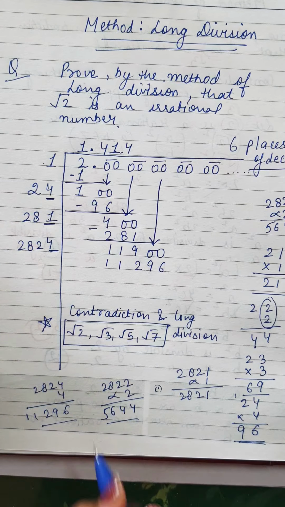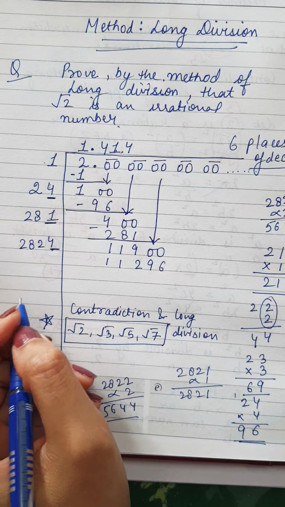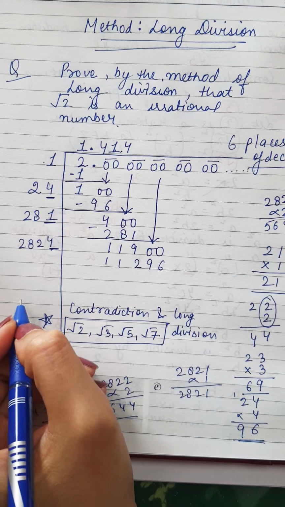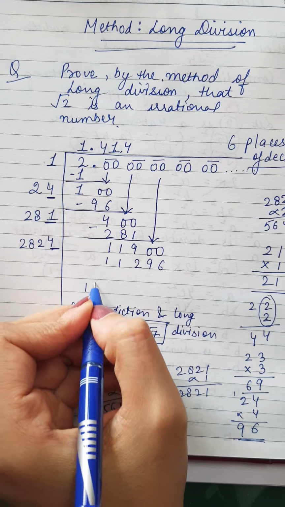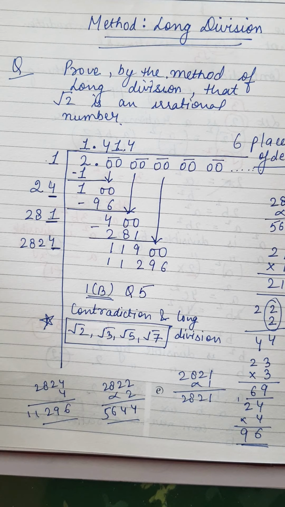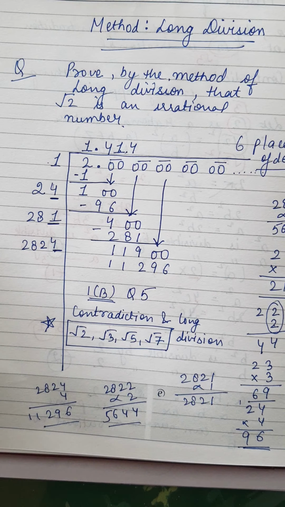And according to your book, these are the questions of exercise 1B which I asked you to leave in the last video. So exercise 1B, you can start with your work now.